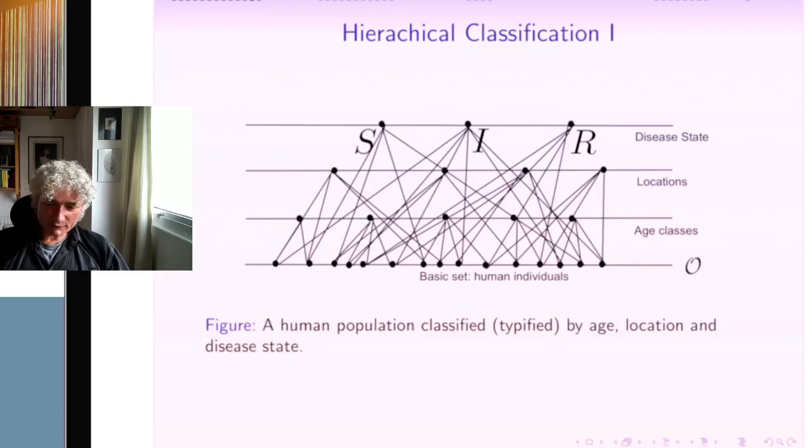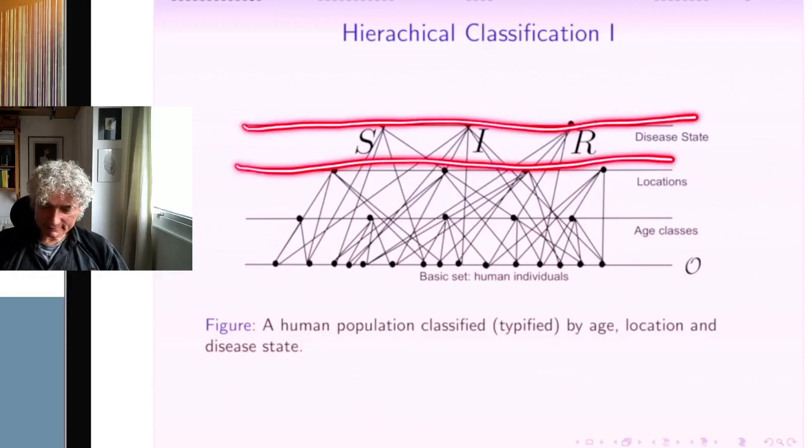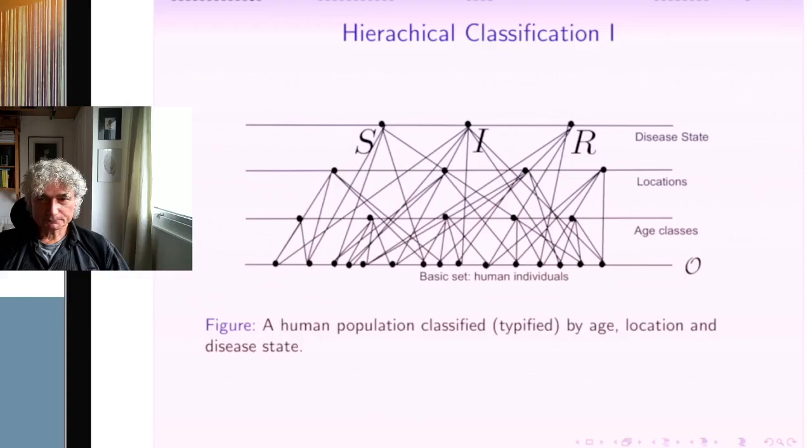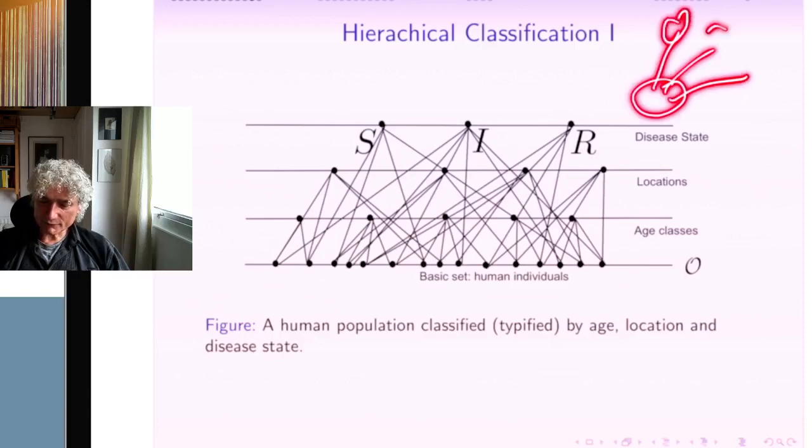So you could actually draw this classification and this classification parallel to each other. And that wouldn't take away any information on the system. So you would have a basic set, and you would have 3 different classifications on top of it.